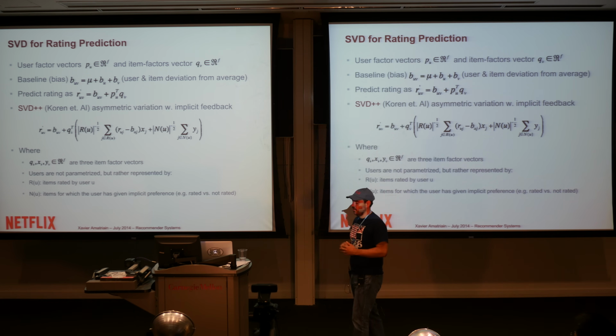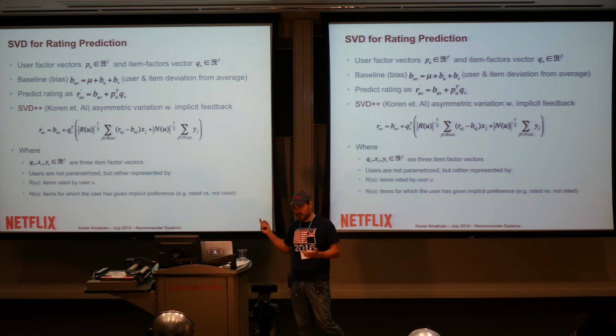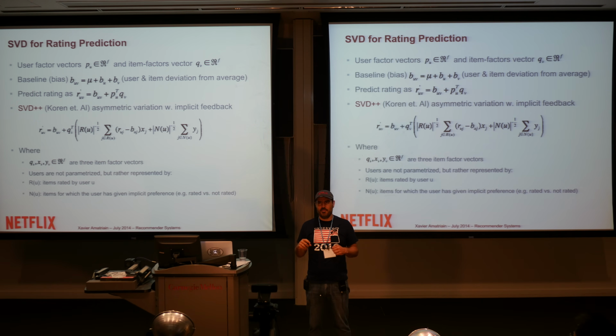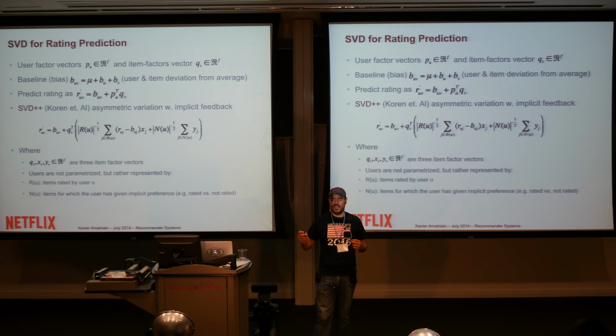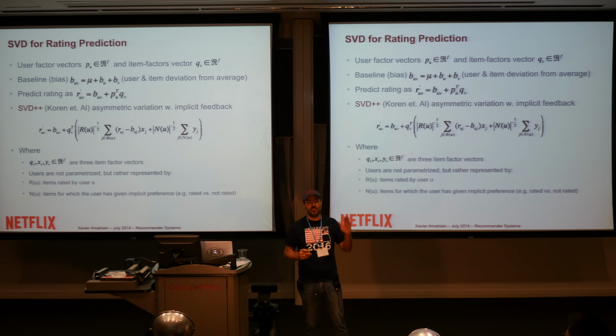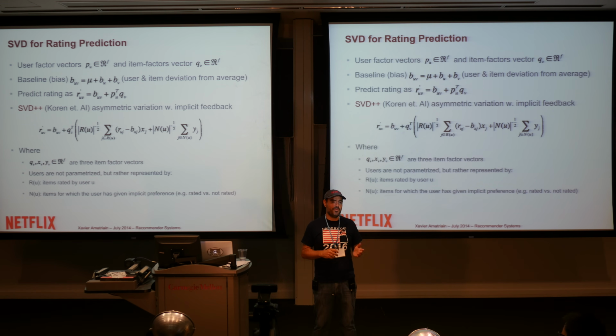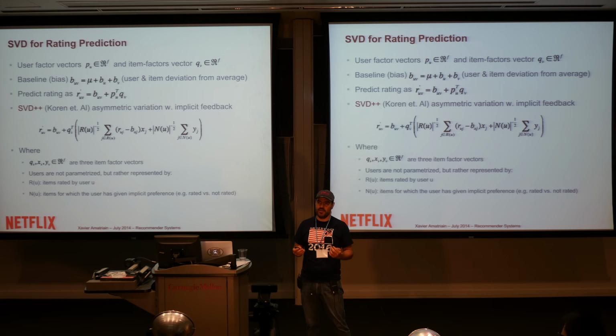What Yehuda and others were saying here is, well, beyond the fact that a user has given me a 3-star or a 5-star rating on something, the fact that the user has decided to rate in itself is an important piece of information. The fact that the user decided to watch that item versus not watching it is important and needs to be encoded in some way, right?